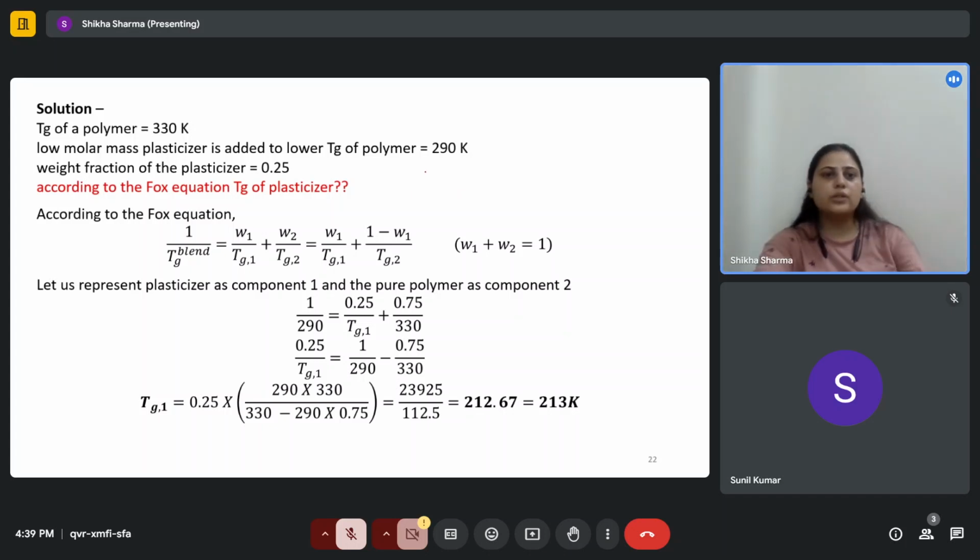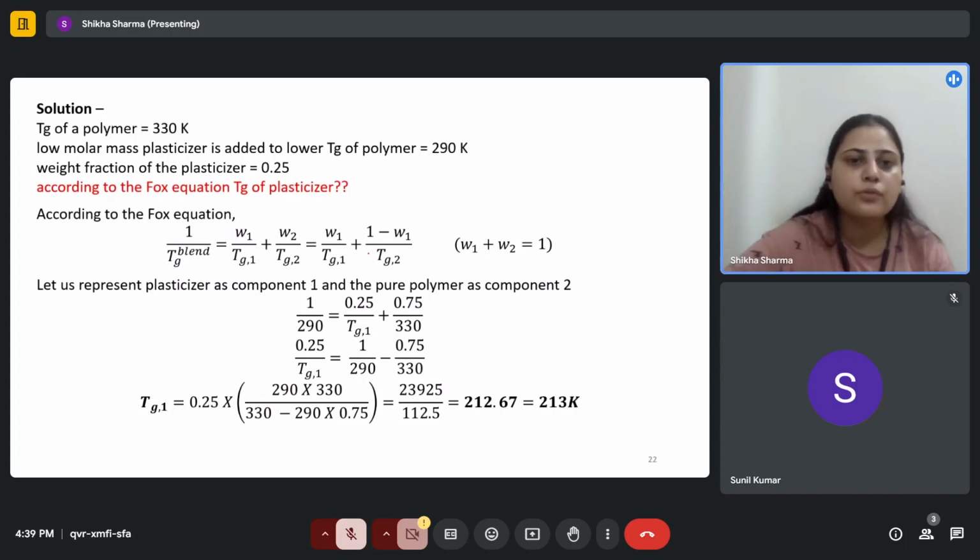The Fox equation is 1 upon Tg of the blend, which is 1 upon the glass transition temperature of the blend, equals W1, the weight fraction of the first component, where we are taking the plasticizer as the first component, divided by the glass transition temperature of the plasticizer, plus W2, the weight fraction of the pure polymer, divided by the glass transition temperature of the pure polymer.